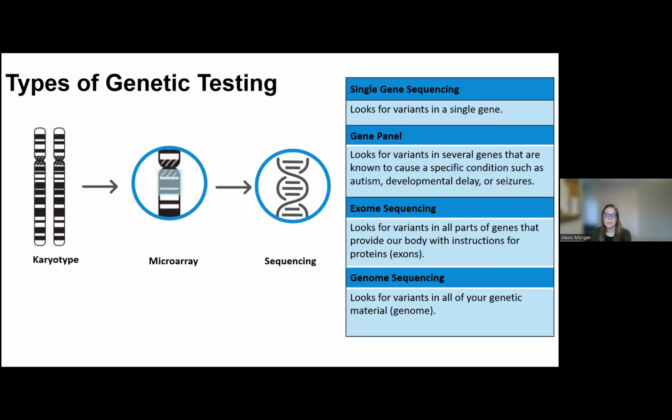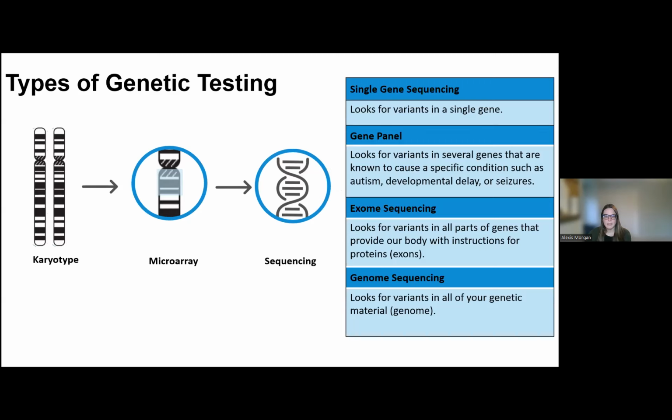A karyotype looks at our chromosomes in big picture, while a microarray zooms in for some more detail, and sequencing zooms in even further for the most detail. You can think of these different genetic tests like a book set. A karyotype is the test that looks to see if you have every book in the set.